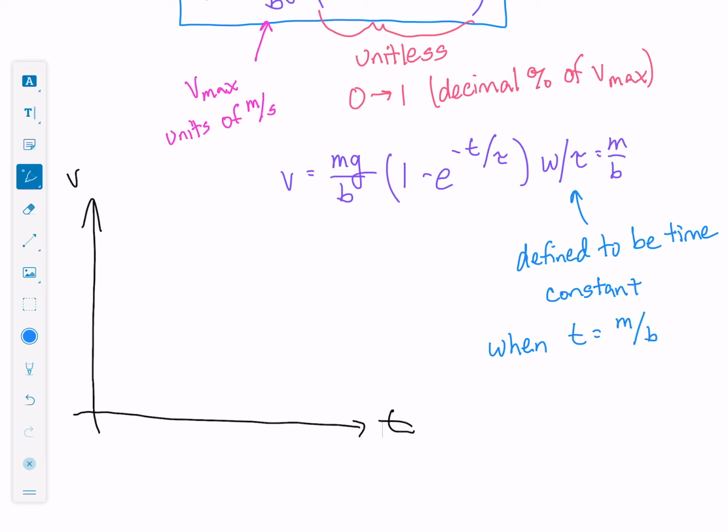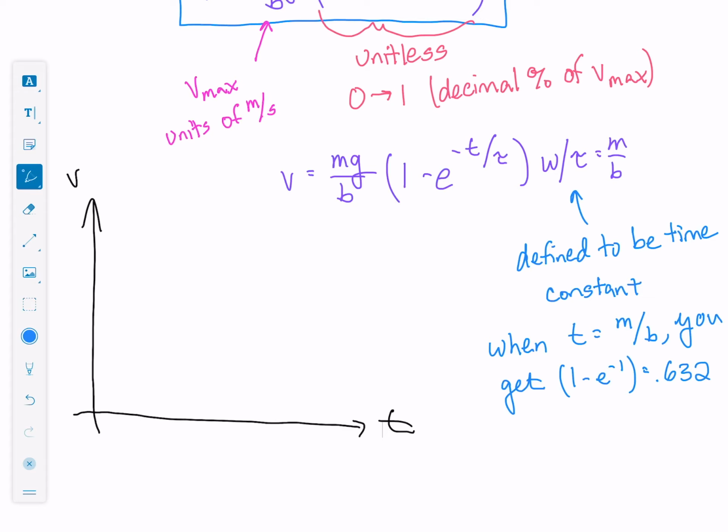If that's the case, you get 1 minus e to negative 1. Well, that's equal to 0.632. So if time is 2 and m over b is 2, we are at 63% of our max speed.